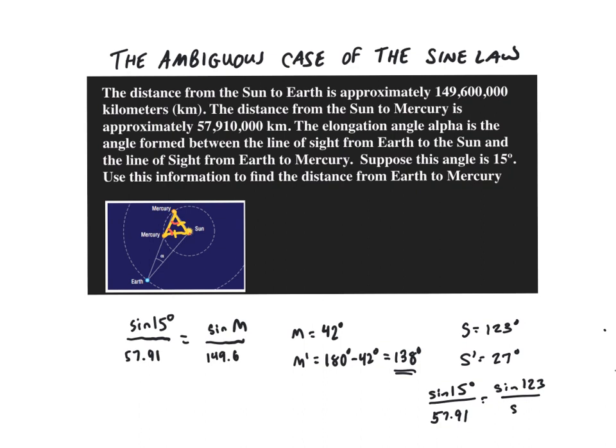I'll just call it S because it's across from angle S. Or it could be sine of 27 over this S'. And I try to keep using the prime notation to keep track of which is which.